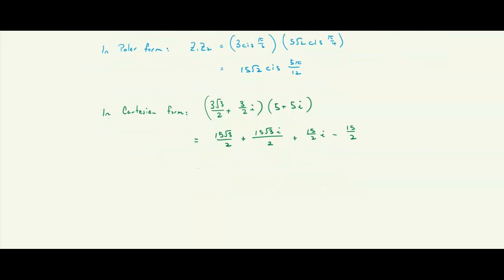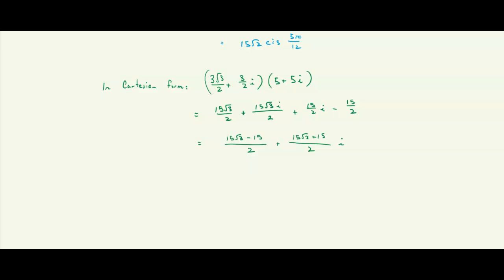Okay, so collecting now our real parts: 15 root 3 minus 15, over 2 is our real part. And our imaginary part is 15 root 3 plus 15 over 2, with an i hanging off the end there. And the last part of this example is to ask, hence, find the exact values. Hence is an important word here, which means we've got to use what we've just found.